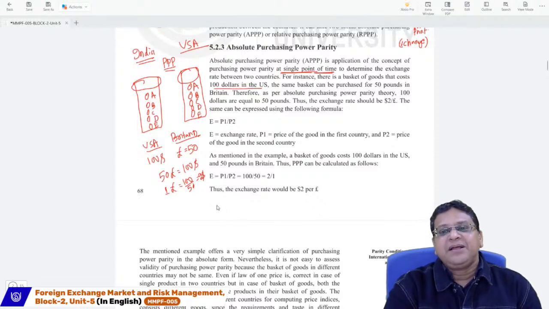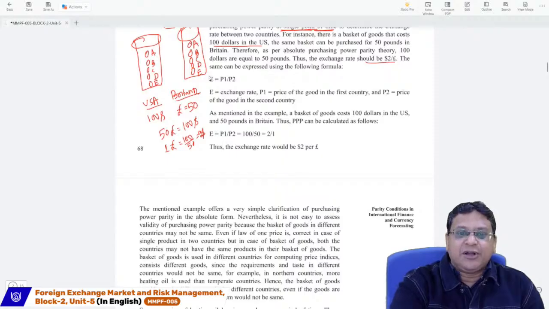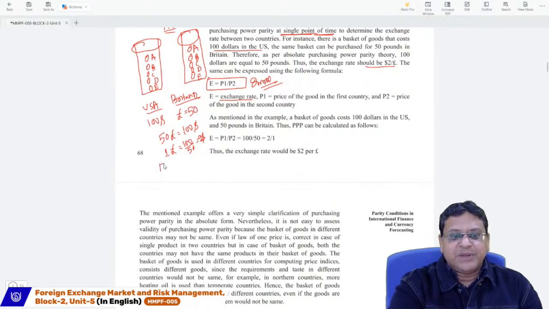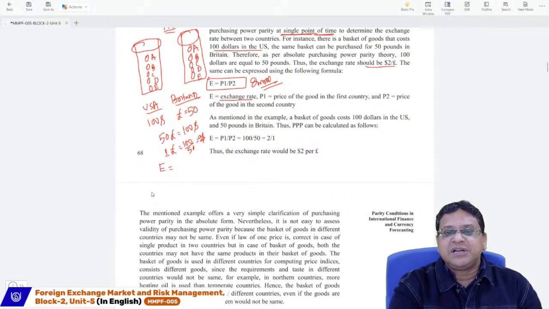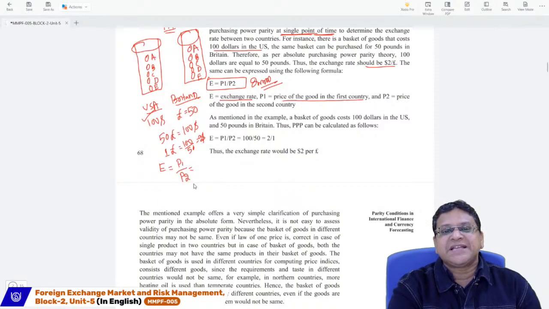So what is the formula used here? The formula used for calculating the exchange rate is E is equal to P1 by P2. This is important. E is equal to P1 by P2. What is E? E means exchange rate. P1 is the price of goods in the first country, in this case the USA, divided by P2, the price of goods in the second country.